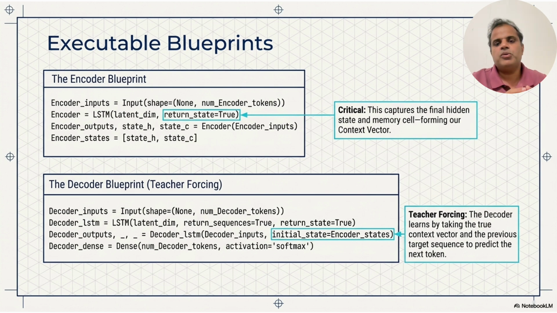In the decoder blueprint, we employ a technique called teacher forcing. During training, the decoder doesn't guess blindly, it initializes its state directly with the encoder's context states and uses the true target tokens from the previous step to predict the next word, stabilizing the learning process.